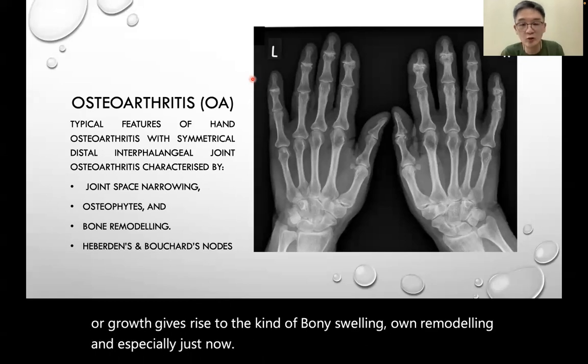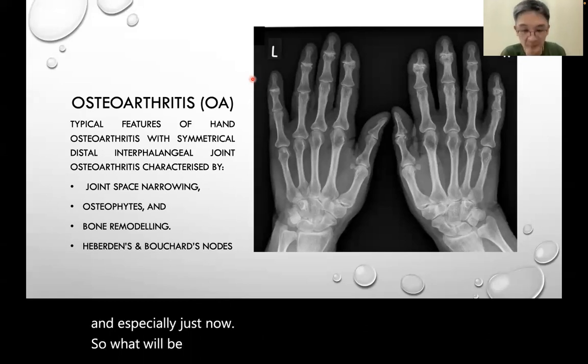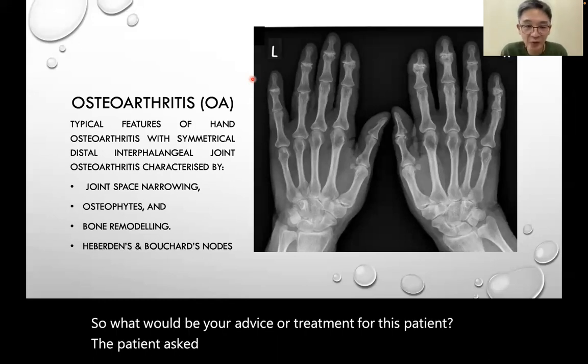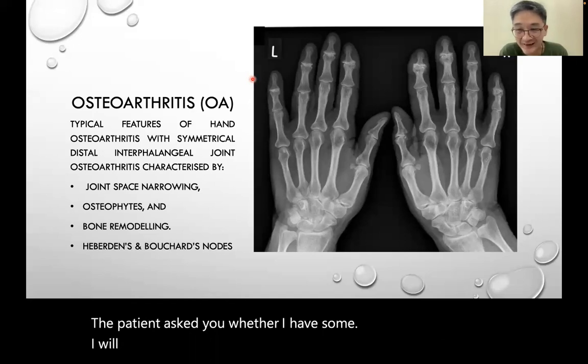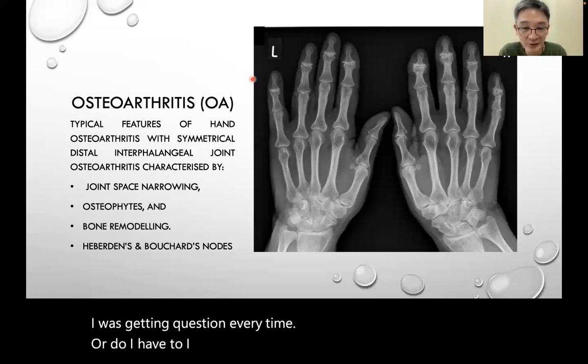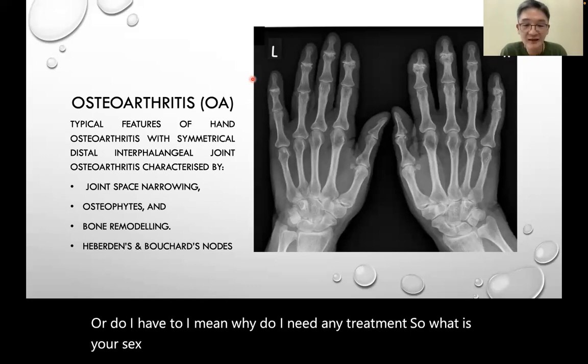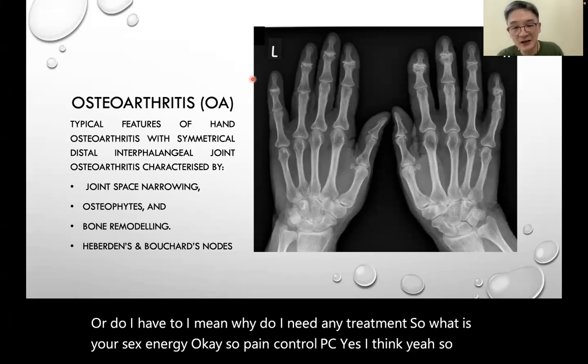Okay, so what will be your advice or treatment for this patient? The patient asks you, do I have rheumatism, or do I need any treatment? I always get this question every time. So what is your analgesic? Okay, yeah. So pain control, paracetamol, yes. Basically, it's about patient education.